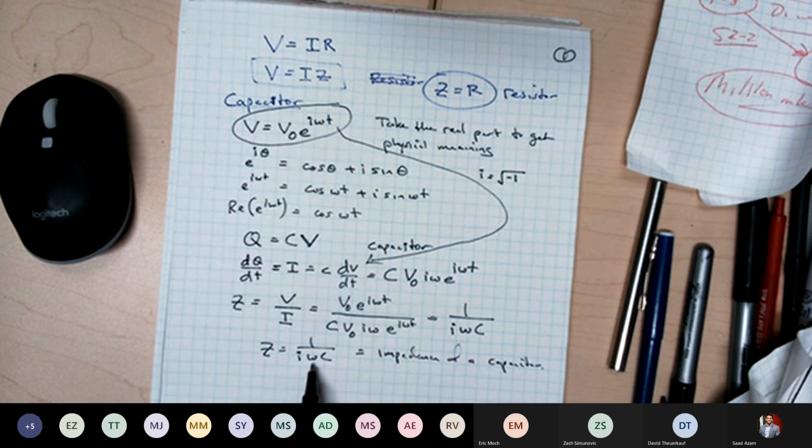So it depends on the frequency. When the frequency is incredibly large, a capacitor behaves like a short circuit. The impedance goes to 0. And when the frequency is 0, a capacitor acts like an open circuit. The magnitude of this thing becomes infinity when omega is 0.